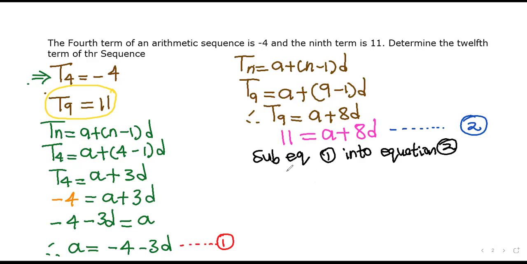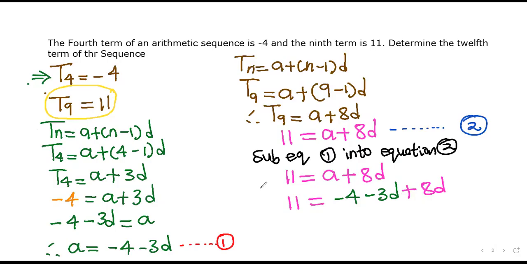That will be 11 equals A plus 8D. Now we are substituting our equation 1 into equation 2. So that will be 11 equals, now our A, as you can see, we had -4 minus 3D from equation number 1, and then plus 8D.